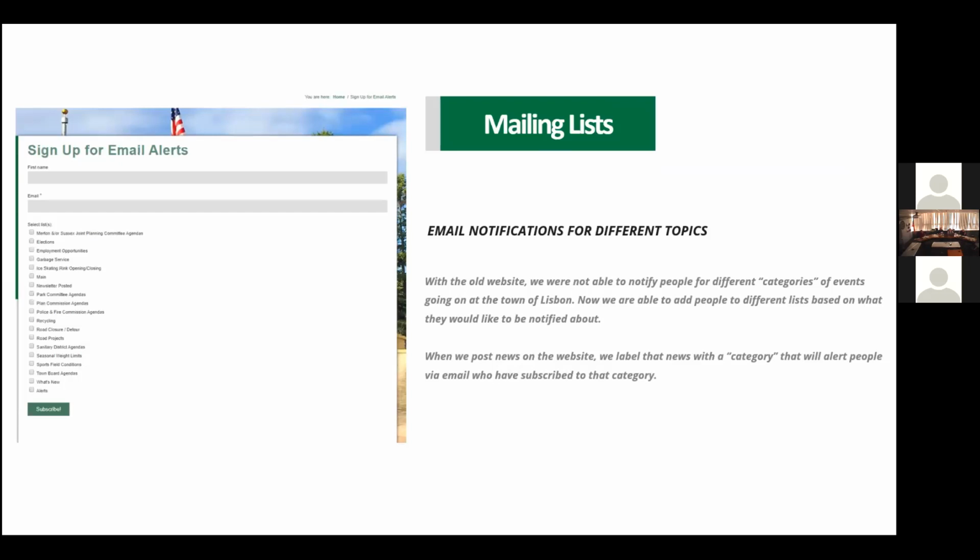So for example, if someone's really interested in road projects, and we put an article on the website about a particular road under construction, once that's posted, an automatic email will go out to the people who subscribe to that category. This is something kind of new and kind of fun to play with too. We have different layouts for each of the email alerts that we can play around with and change up if need be.